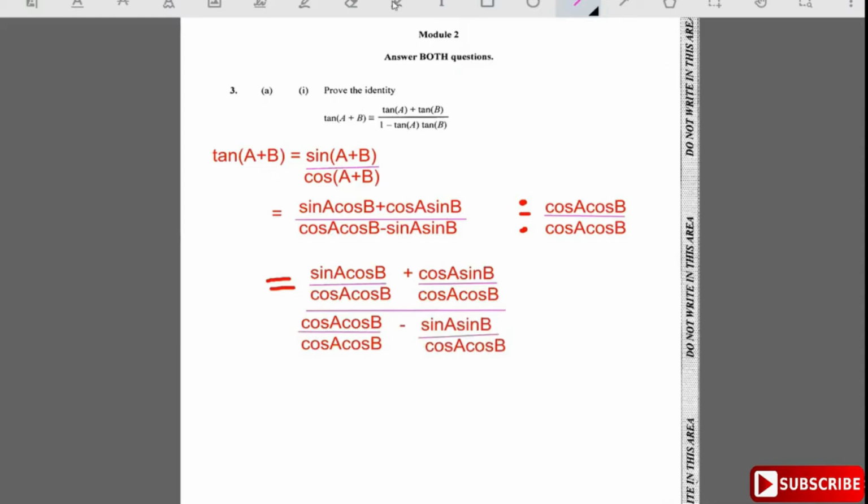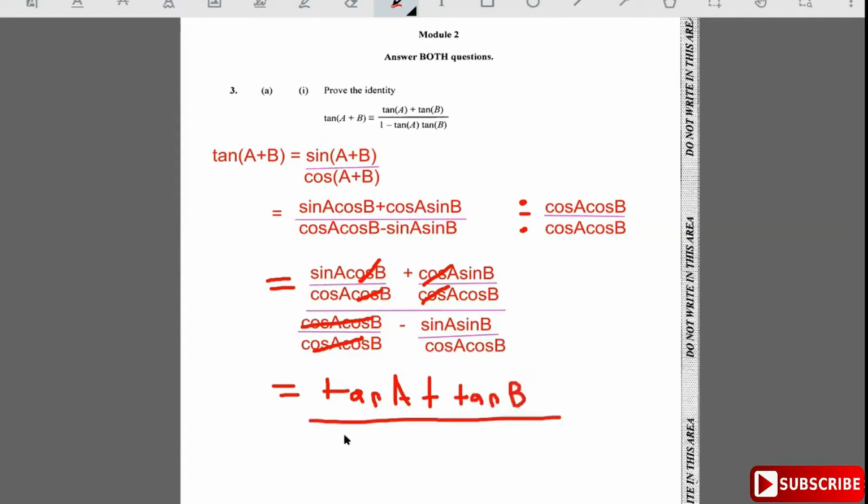As we can clearly see, cos B cancels cos B, cos A cancels cos A. Now what you get is sine A over cos A is tan A, plus sine B over cos B is tan B. Then this is all divided by, this part cancels to just get 1, then minus sine A over cos A is tan A, and sine B over cos B is tan B. So that's how you get tan A tan B. Nice and easy. That takes care of this.